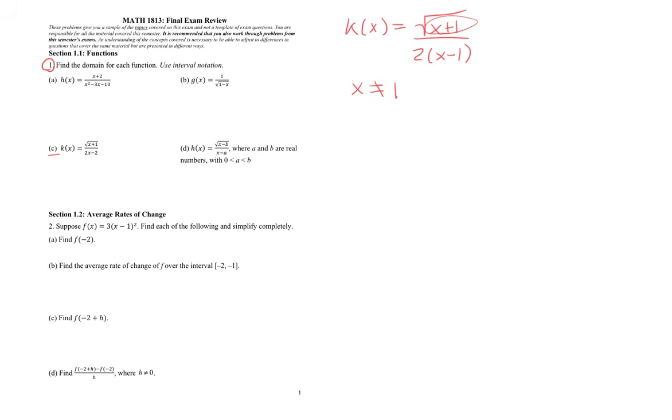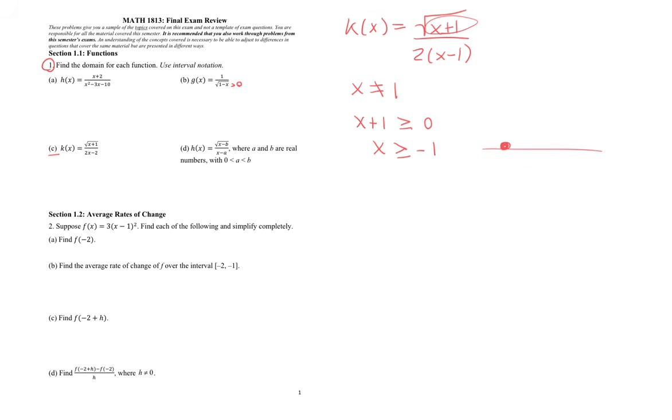In the last problem, we had to make sure that our 1 minus x was strictly greater than 0 because it was in the denominator, but this one can be greater than or equal to. So we'll look at where x plus 1 is greater than or equal to 0, and we'll see where that's true. So x needs to be greater than or equal to negative 1, and x cannot be positive 1. So let's draw a little number line.